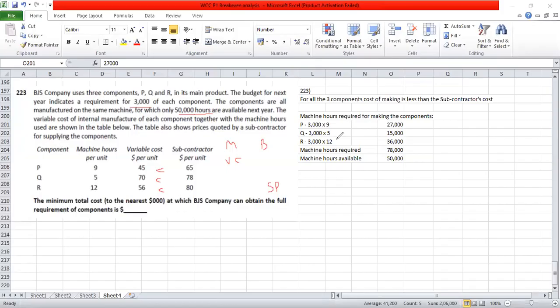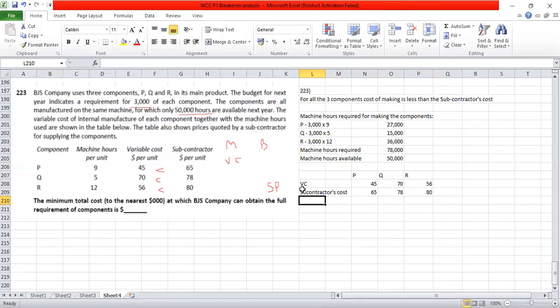So let's find out the additional cost of all three components, P, Q, and R. The variable cost is 45, 70, 56. The subcontractor's cost is 65, 78, and 80.